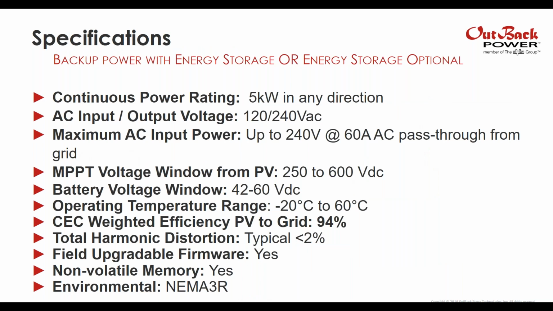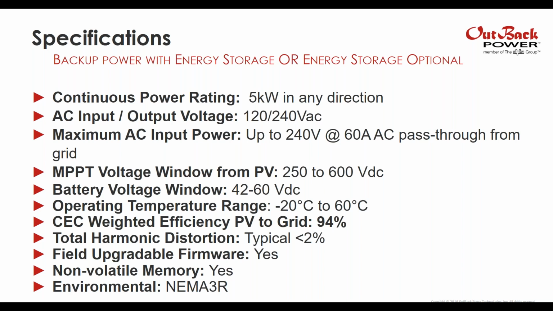With respect to specifications, it's 5 kW in any direction. 120/240, we covered that already. And maximum AC input power, 240 volts at 60 amps pass through, and that's shared bus across the grid port, load port, and the generator port. The PV voltage window, the maximum power point tracker, goes from 250 volts all the way up to 600 volts.